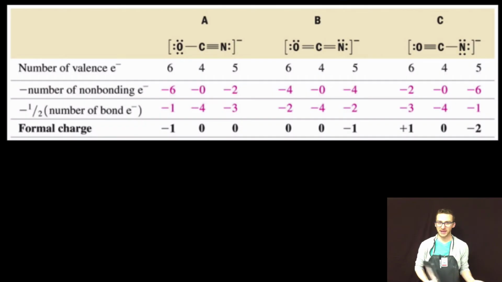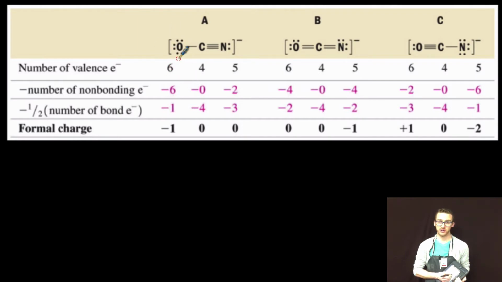So let's come back to this thrilling image that's in your notes on your screen to practice calculating formal charge for each of the atoms in each of the possible Lewis structures for the cyanide ion. Take a look at oxygen in this first Lewis structure for the cyanide ion. Oxygen has 6 valence electrons.